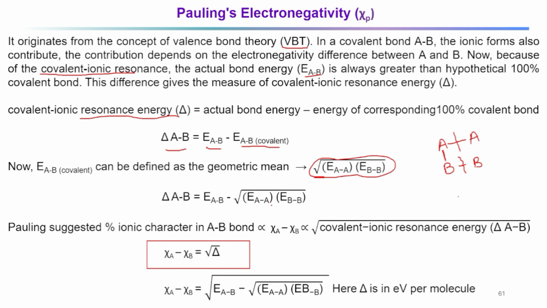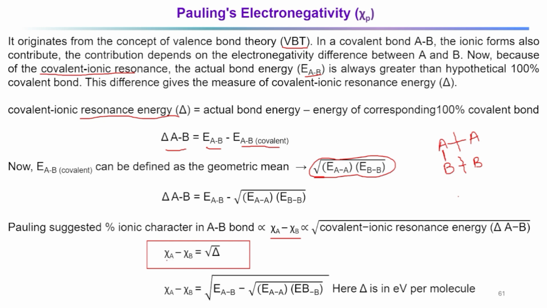Now Pauling suggested this 100% ionic character in the AB bond is actually proportional to the difference between their electronegativity, that is proportional to chi A minus chi B, and that is also proportional to the square root of the covalent ionic resonance energy, or delta AB. So from here we get that chi A minus chi B.